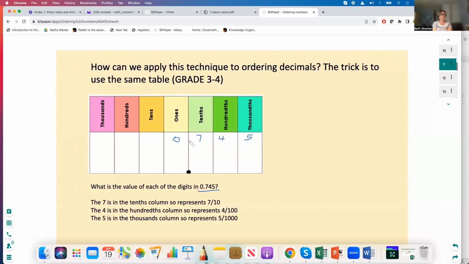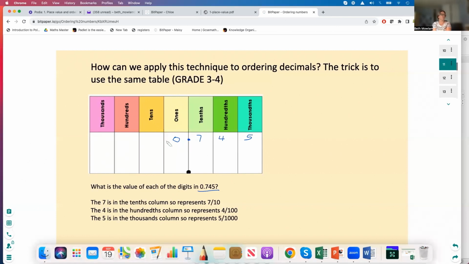Notice the decimal point. I've changed the table slightly, and we've now got some decimal places, which are the tenths, the hundredths, the thousandths. It follows the same pattern as going the other way, but you've just got the THS on the end because they're fractions. The decimal point will always stay in between the ones and the tenths.